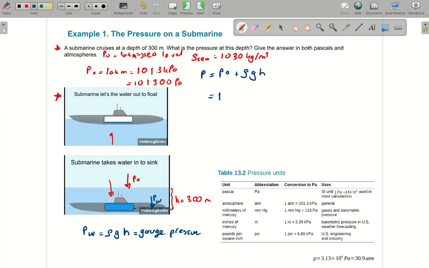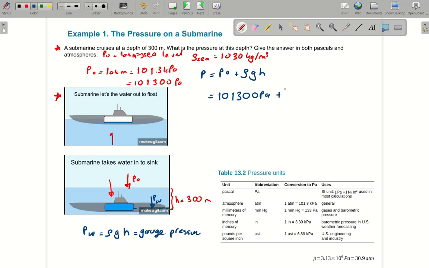I'm going to put P0, the atmospheric pressure, as 101,300 Pascal, because if I take all these values, the density of the sea, G and H, height of the water here, in SI units, I'm going to find Pascal.